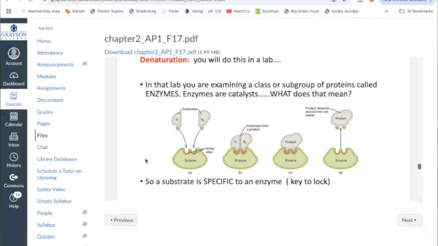So when a protein is denatured, it doesn't go back. For example, egg white. Once you cook the egg white, it doesn't go back.